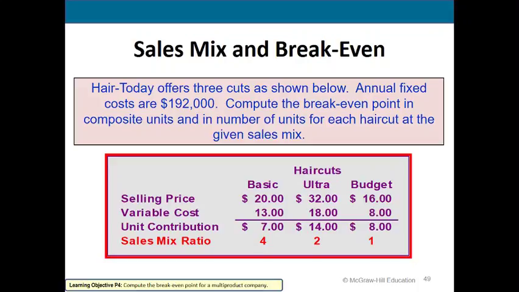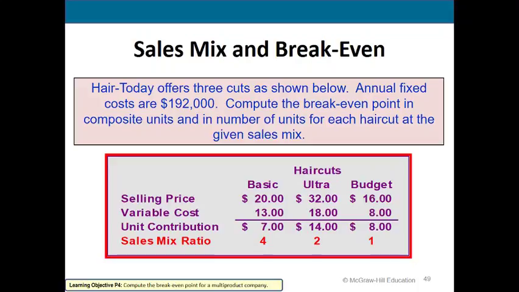So here, you've got a 4-2-1 sales mix. And so 4 units of Basic times the $20 per unit means it's got a selling price per composite unit of 80.